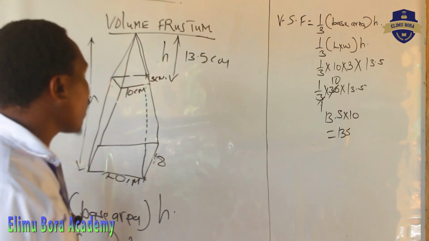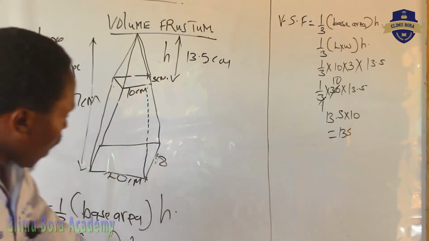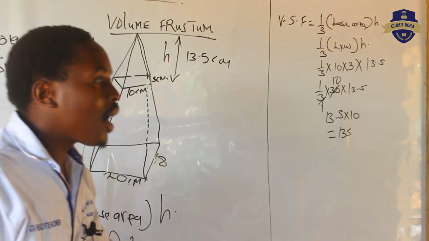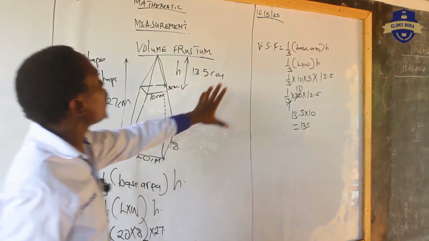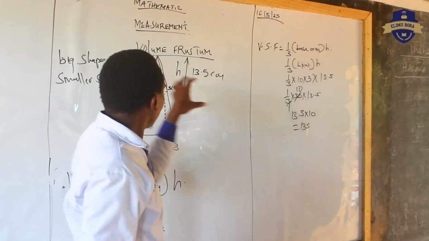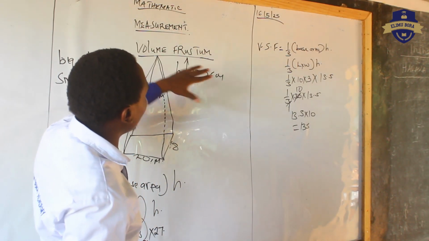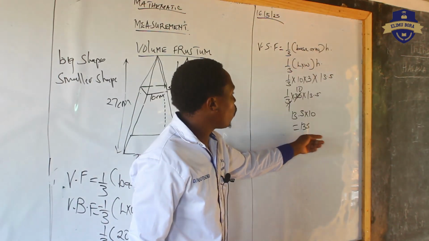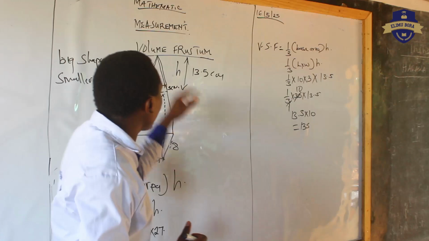So this is the volume of the smaller frustum, which is the one that has been chopped out. The volume of the bigger frustum includes the one that has been chopped out.